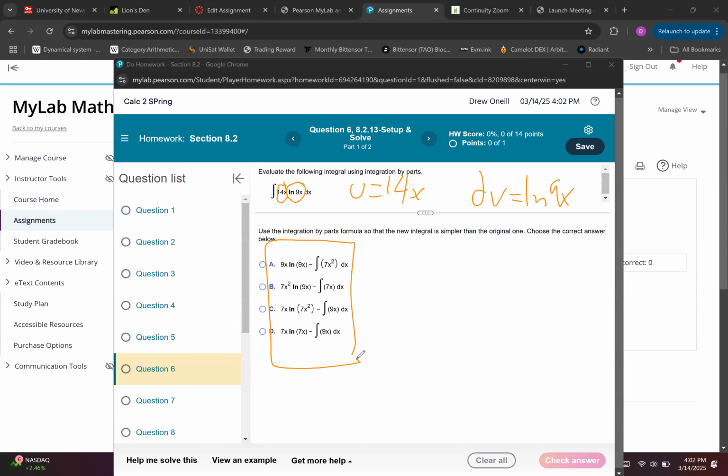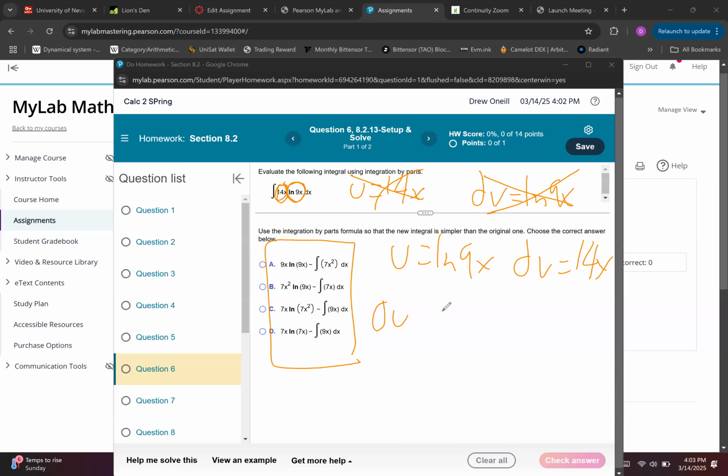And if you look back, I put a star around when ln is a choice. So when you have an ln and an x, you want u to be the ln term. And now we're going to let dv be the 14x term. You'll see why. What's du?